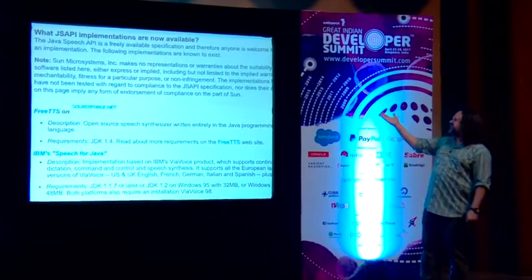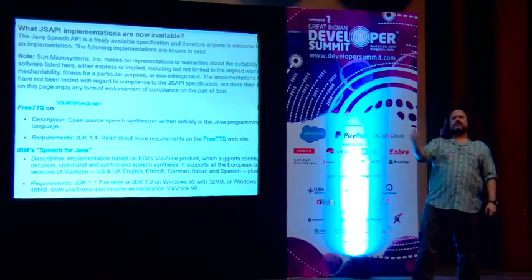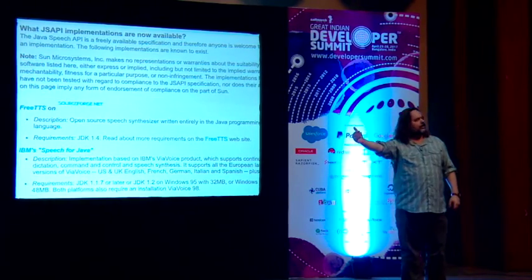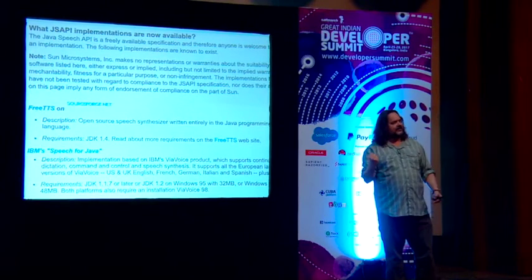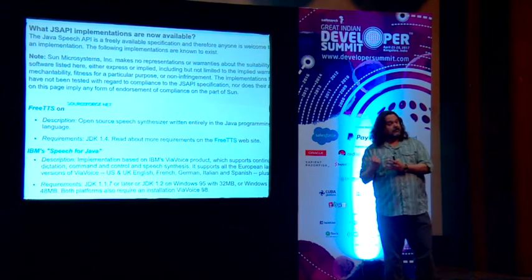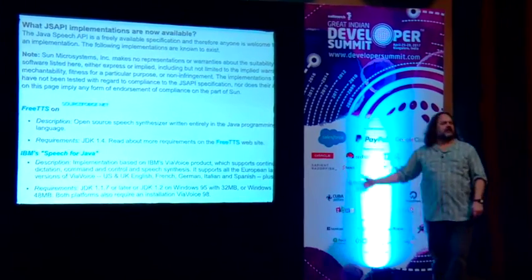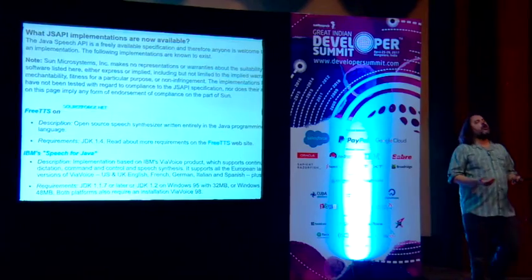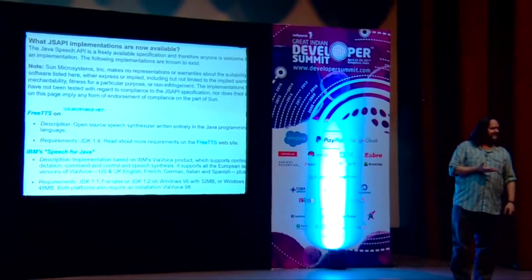Well, JSAPI was a little bit different. With most every implementation you come across, you'll download not only the voices and the libraries and things like that, but you'll download an implementation of JSAPI with it. So anytime you go looking for any of these things, they always will ship with a copy of that jar as well. Does that make sense?